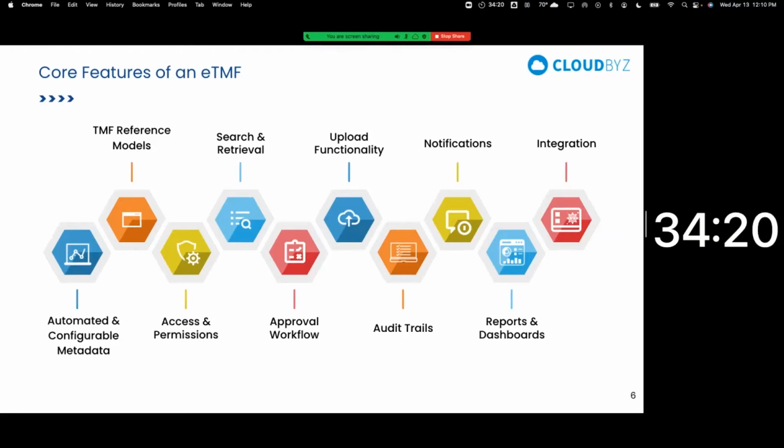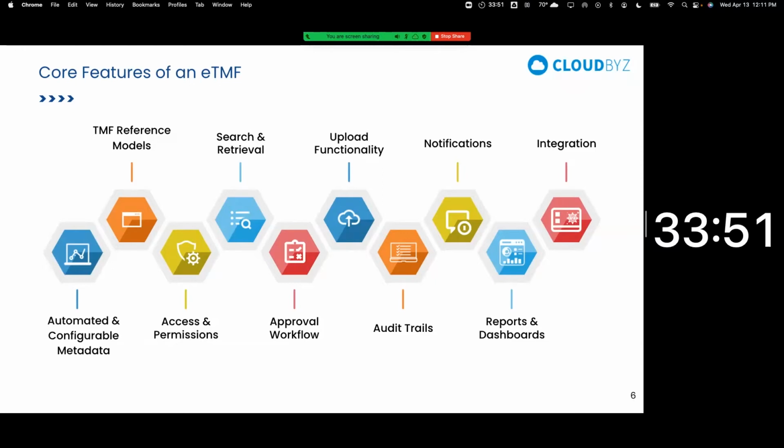The solution should have the ability to allow us to add custom metadata fields based on our individual company processes. It should allow for automatic generation of folder structures every time a new study is added, be it a DIA folder structure that you're going with or a customized folder structure. System should also auto-populate some of the documents metadata to the maximum extent possible.